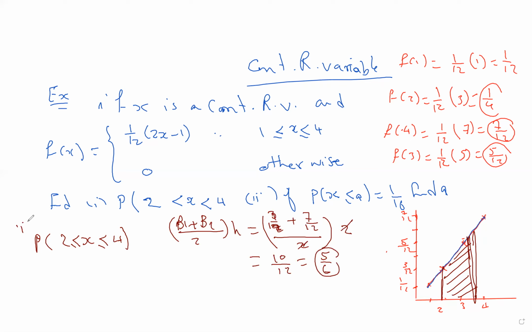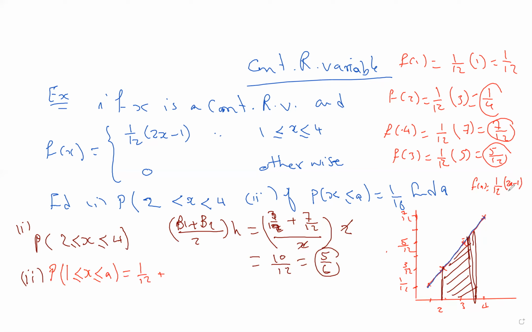The second part of the question is the probability of x greater than or equal to 1 and less than or equal to a, equals 1 over 16. Find f of a. F of a will be 1 over 12 times 2a minus 1.